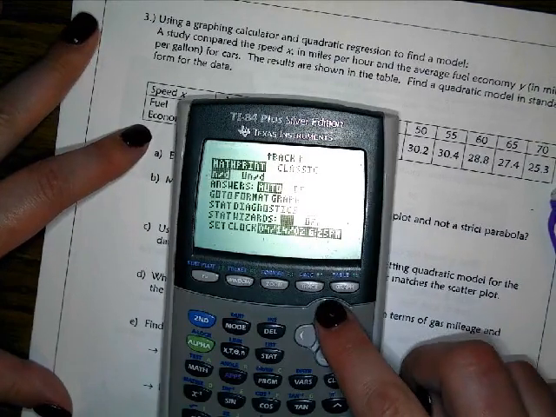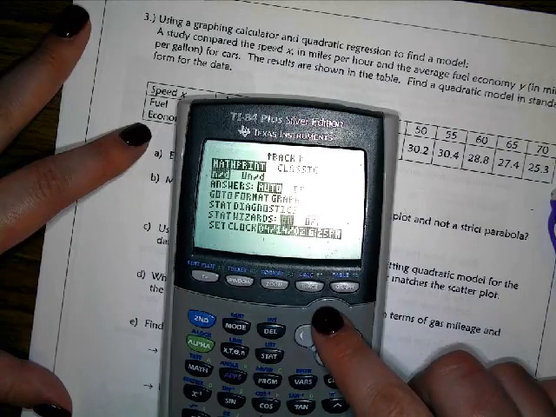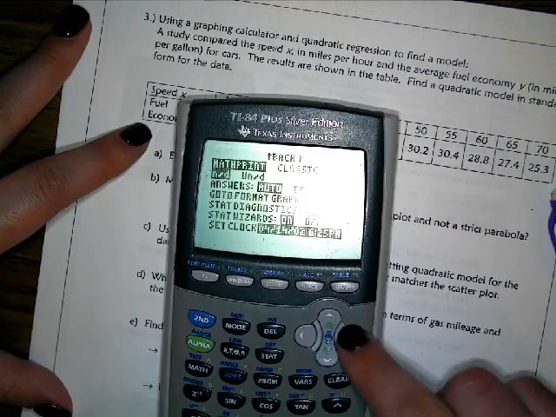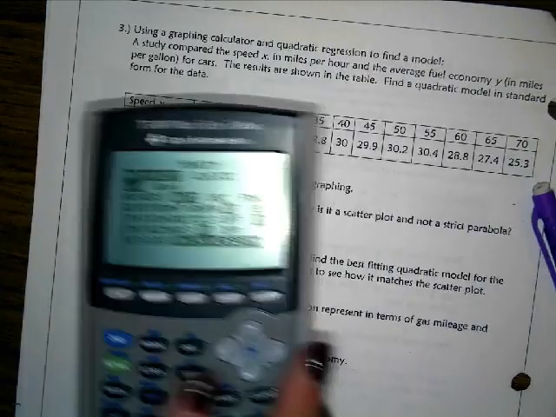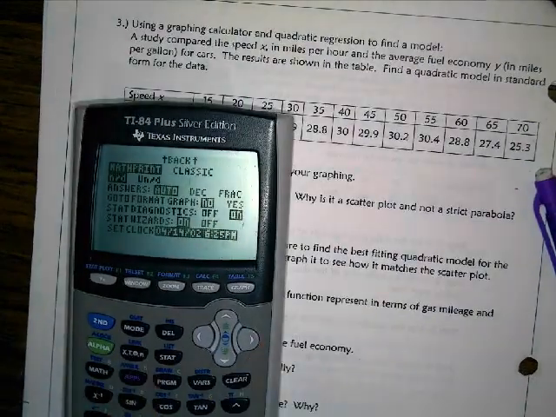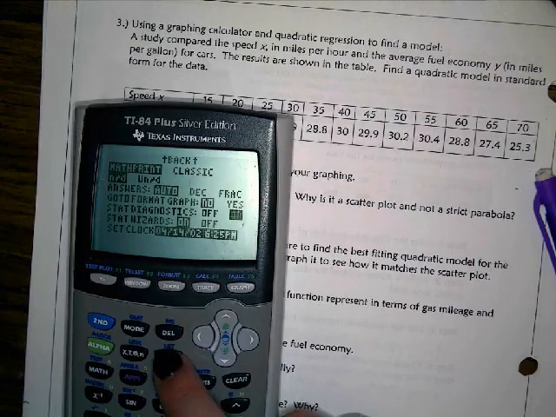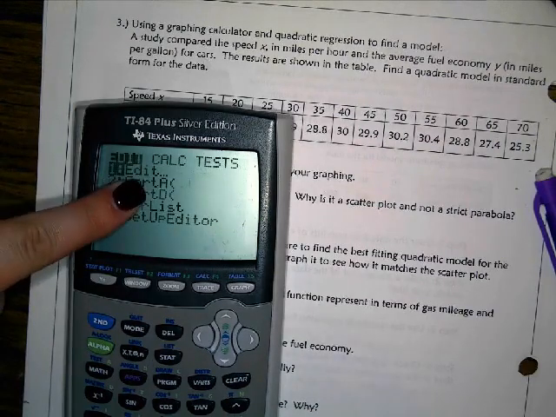Yeah, turn on the stat diagnostics. And what does that do? Turns the r squared on so we can see how accurate our equation is. Okay? Now what do I do? Hit the stat button. I'm going to edit so I can plug in my list of numbers.